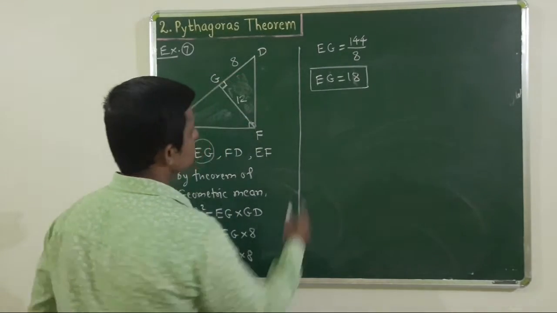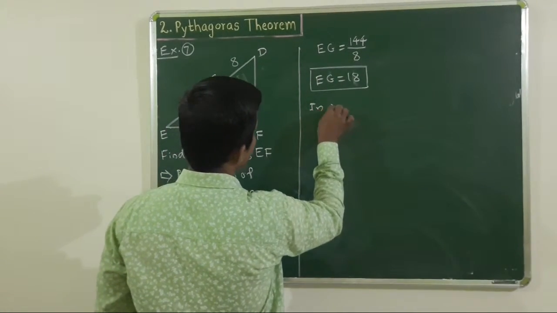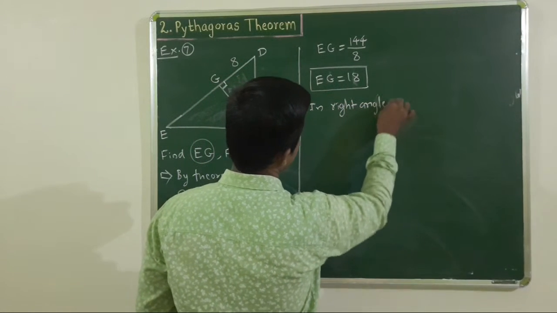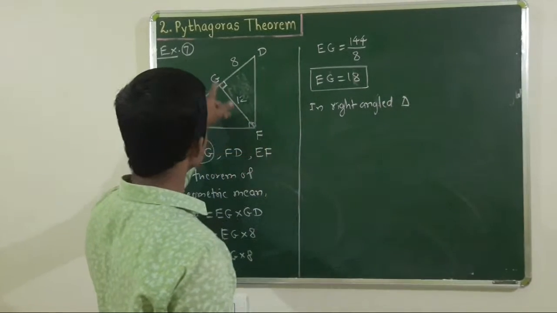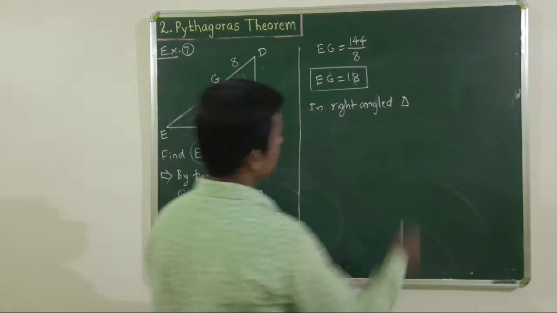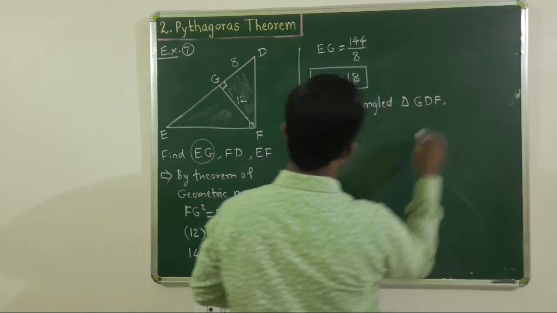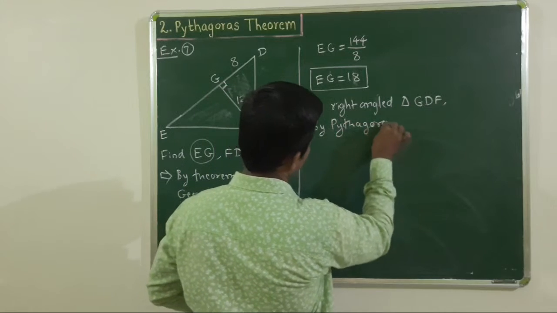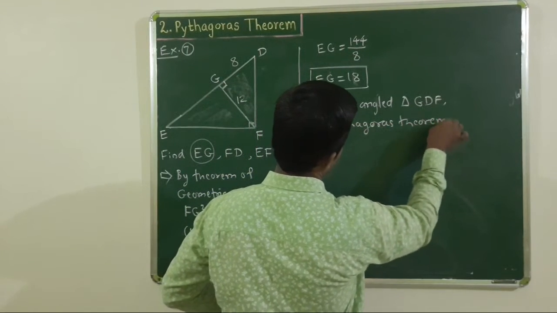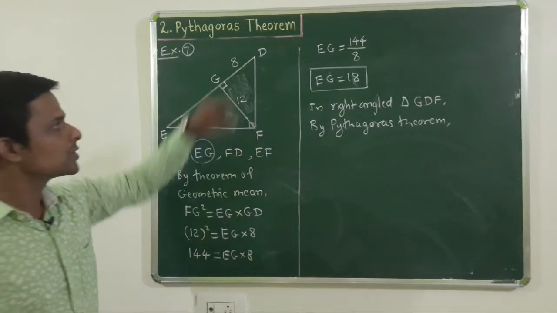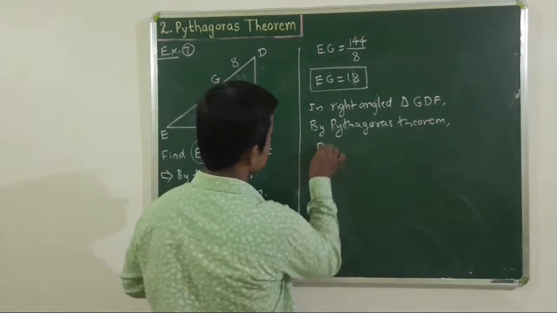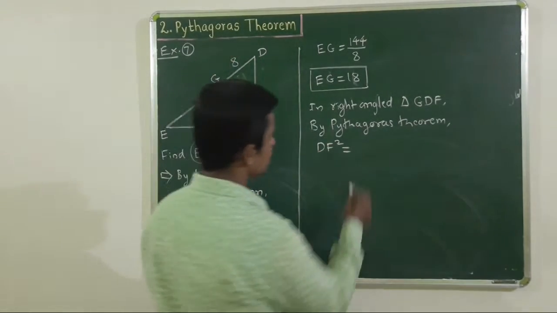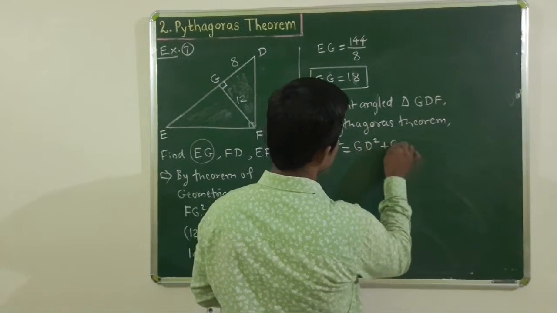We will find DF first, that is in right angle triangle GDF, by Pythagoras theorem. By Pythagoras theorem, hypotenuse square, that is DF square, is equal to the sum of squares of the remaining two sides, that is GD square plus GF square.